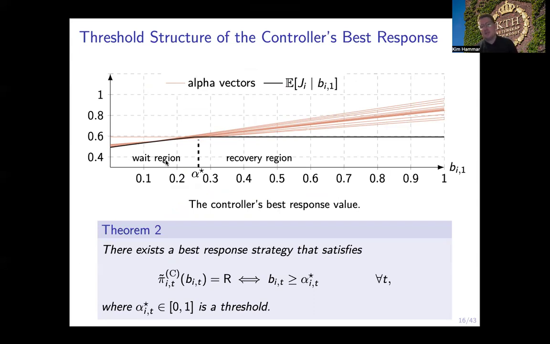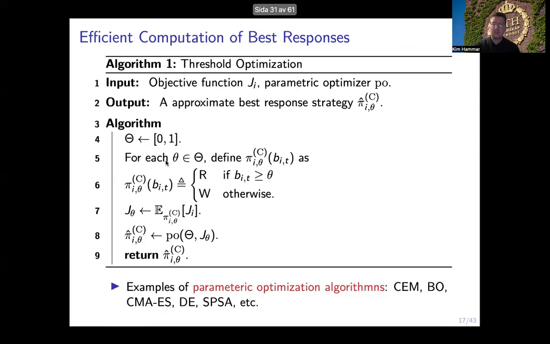And as soon as the belief, or the probability of compromise, exceeds alpha, then it is optimal to trigger the recovery. The implication of this structure is that we can compute the best response for the controller very efficiently by directly parameterizing the strategy with the threshold. So we effectively transform a complicated dynamic programming problem with a very high-dimensional strategy space into a simpler parametric problem with a one-dimensional strategy space.